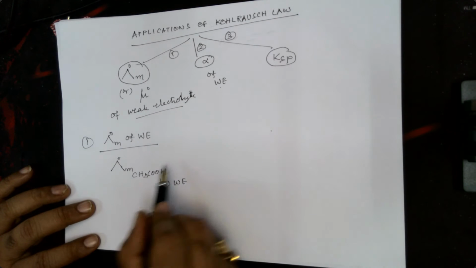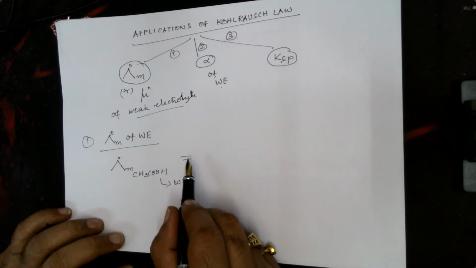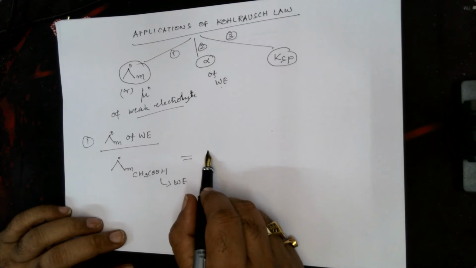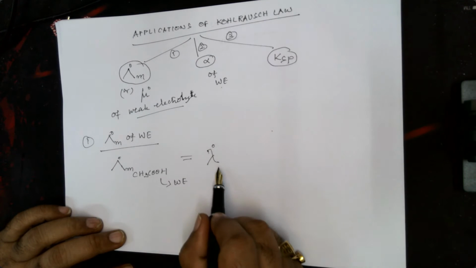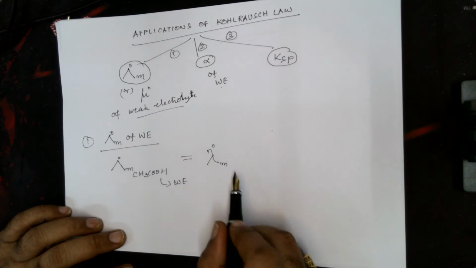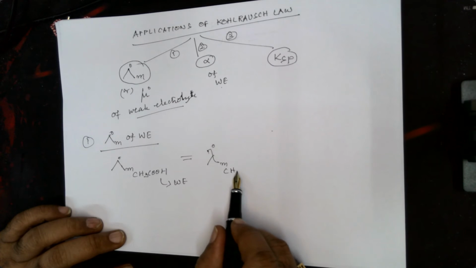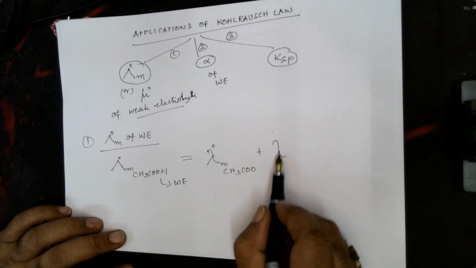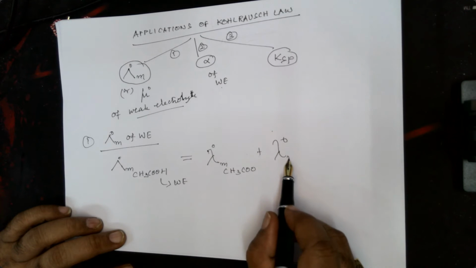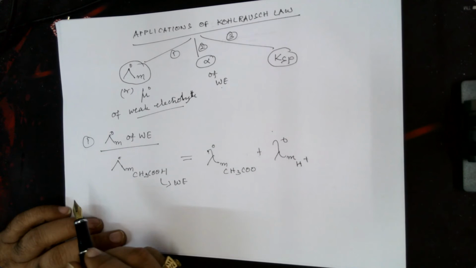We cannot get directly the molar ionic conductance of CH3COO minus and H plus like this.